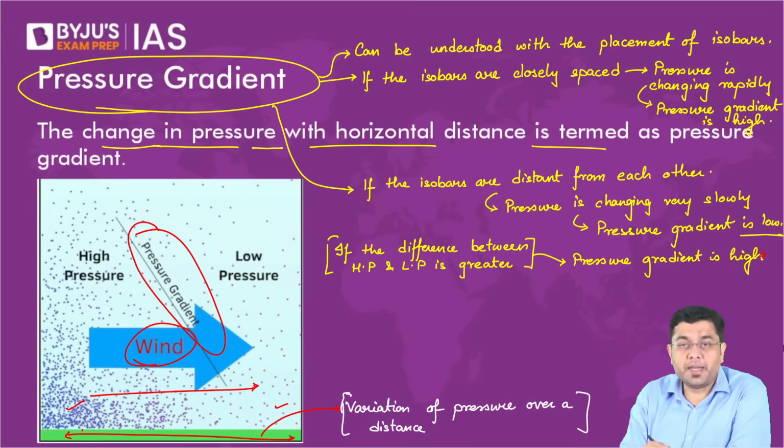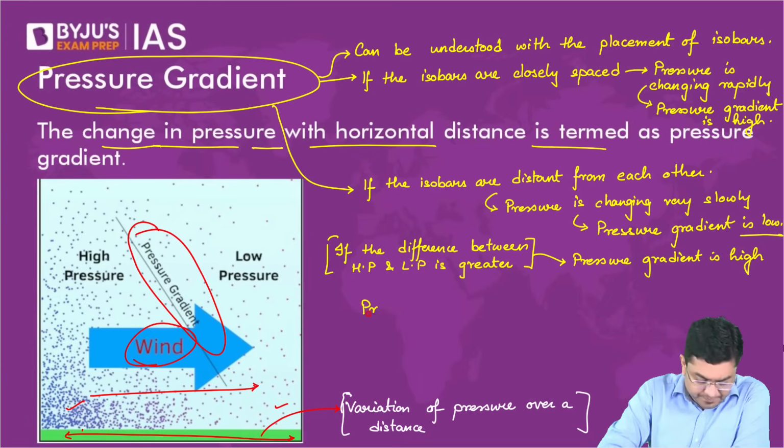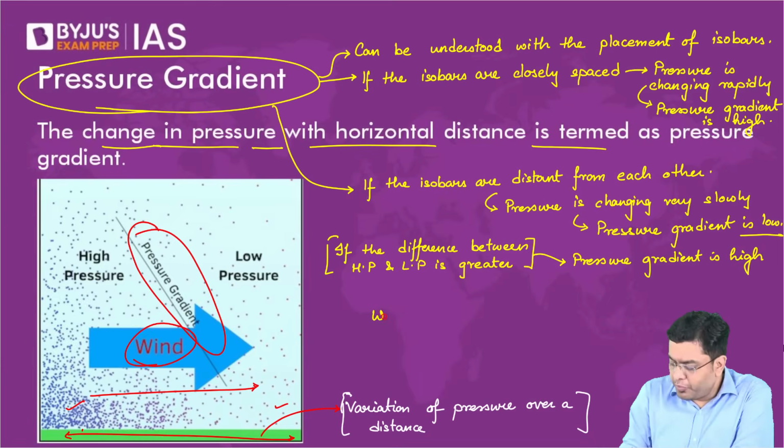If the pressure gradient is high, more particles will be initiated in the wind motion. So wind movement is directly proportional to pressure gradient.